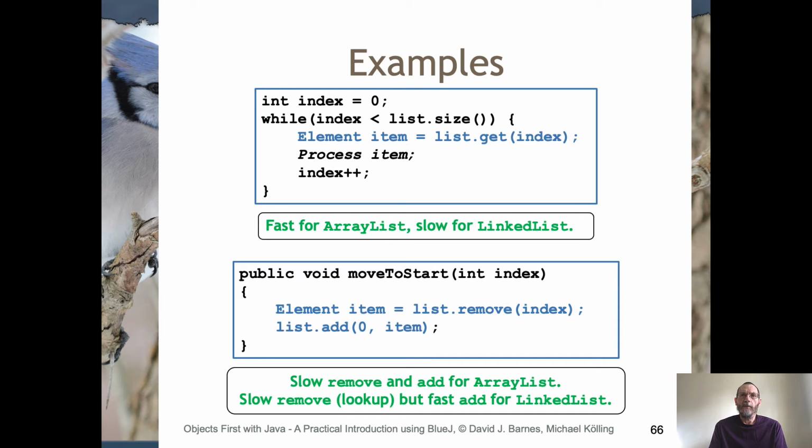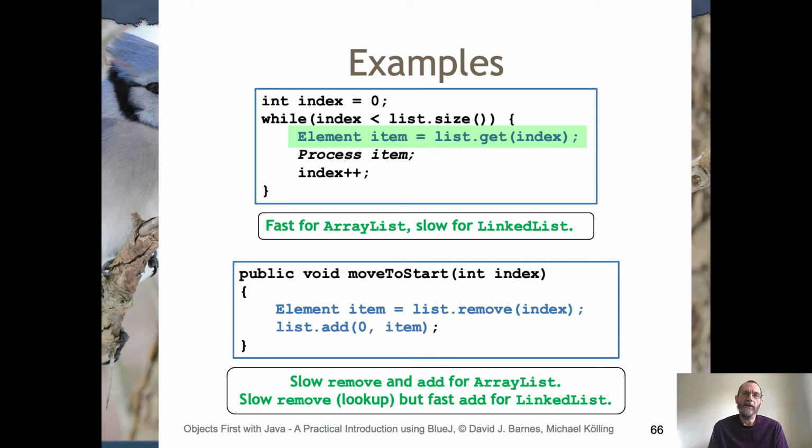So in the first example, we are iterating over a list and we wish to process every single item in the list in some way, and we're using an integer index in order to access successive elements of the list. This iteration will be relatively fast for an array list because each time we call the get method with an integer index, the list doesn't have to do any special work in order to find out which item it is that's got to be returned.